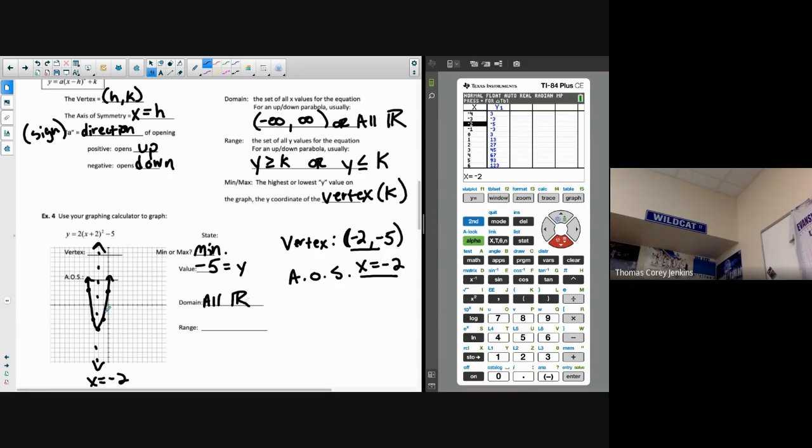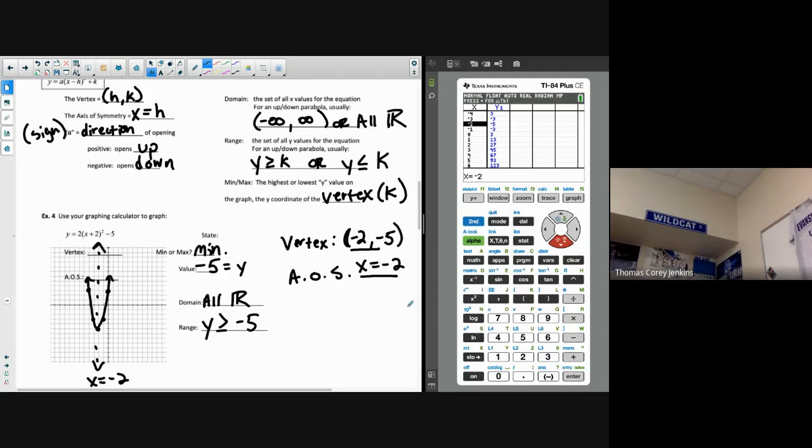And then the range is my y values can be anything bigger than my turning point, right, which is -5. So any y value greater than or equal to -5. If it turns up like this, your inequality symbol is always going to be greater than or equal to. And again, I gave you some different ways that you could express that on your filled out notes.